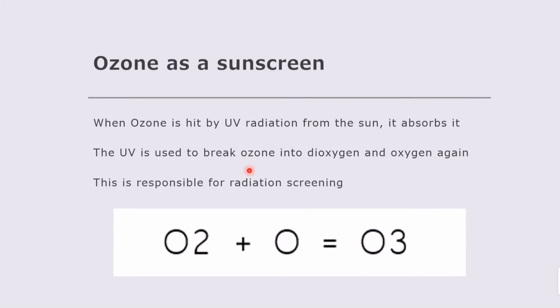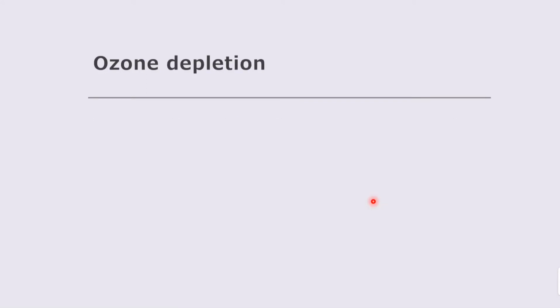It's this absorbing of UV radiation and using it to break down its own molecule that's responsible for radiation screening, because this high energy UV doesn't reach the Earth because it's being used for the ozone to break back down into its reactants.